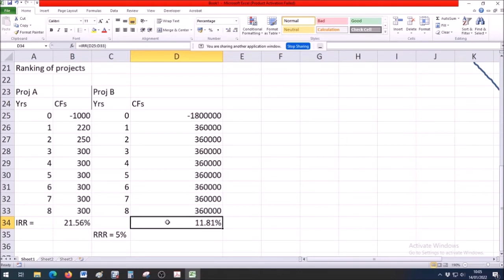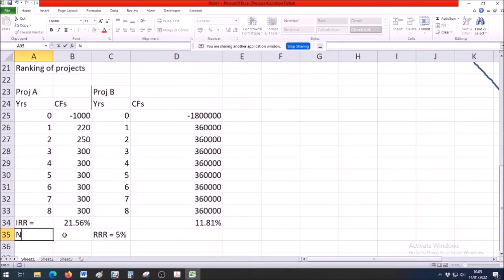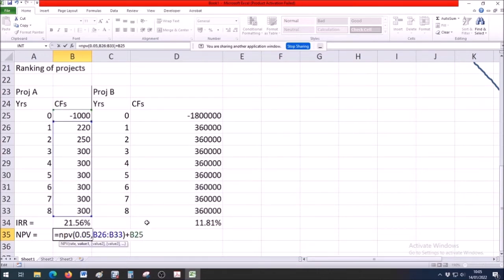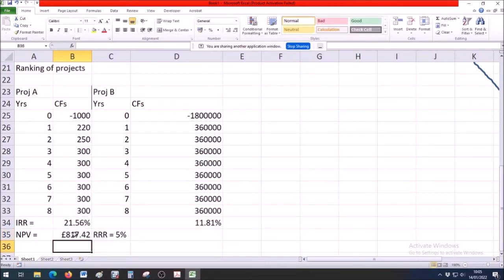But let's have a look at what NPV says. NPV equals NPV. The required rate is 5%, we said, right? 0.05, comma, all the values starting from year 1. There it is. So with project A, I'm going to earn over $800. How about project B?